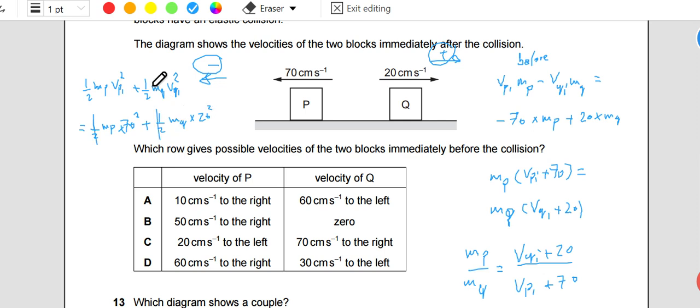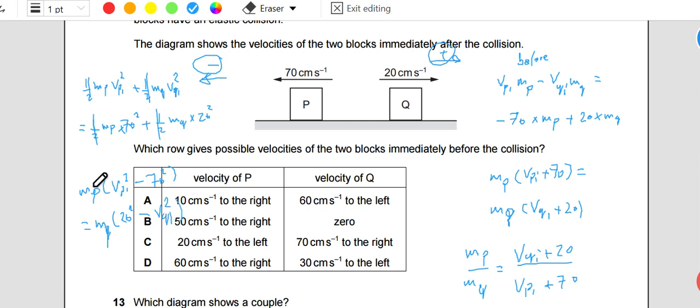I can certainly remove all these halves and rearrange for MB (VBI squared minus 70 squared) to be equal to MQ (20 squared minus VQI squared).